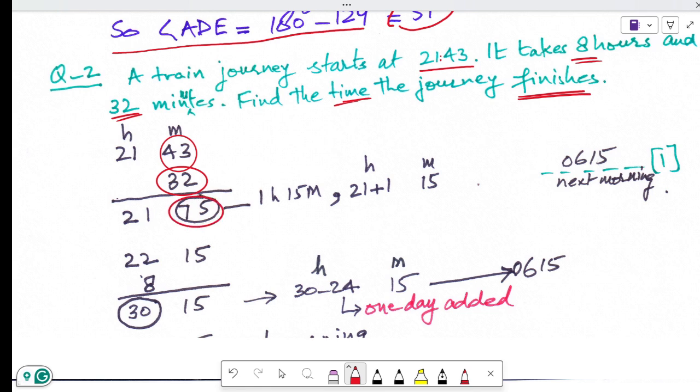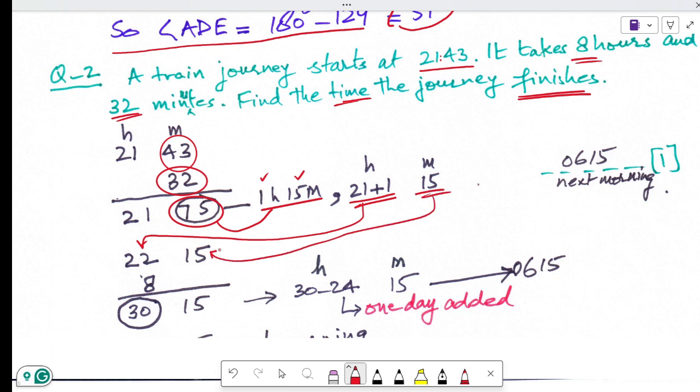Now 75 minutes will be broken up into hour and minute, which works out to be 1 hour and 15 minutes. This 1 hour is going to be added to 21, which is going to work out as 22 hours, and the 15 minutes will be written with it. So we have gone on to 22 hours and 15 minutes. Then we add the 8 hours of the journey time in the hours. So that works out to be 30 hours and 15 minutes. Now a day is a total of 24 hours.